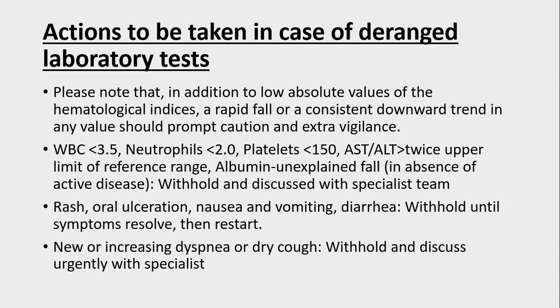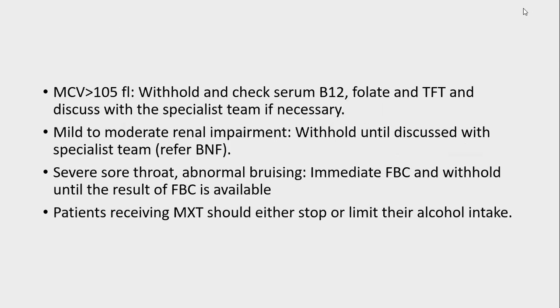If there is a rash, oral ulcer, nausea, vomiting, diarrhea, withhold until the symptoms resolve. When there is increased dyspnea or dry cough, withhold and discuss with a pulmonologist or a medical specialist. If mean corpuscular volume increases to 105 femtoliter, withhold and check vitamin B12 and folate, and discuss with a hematologist if necessary.